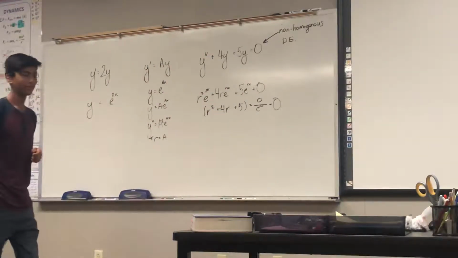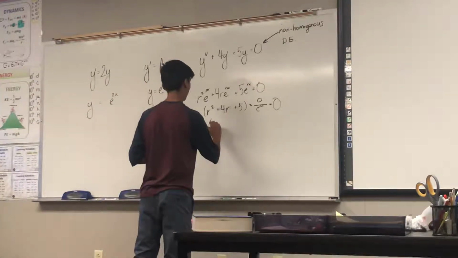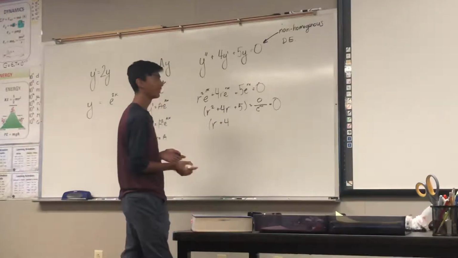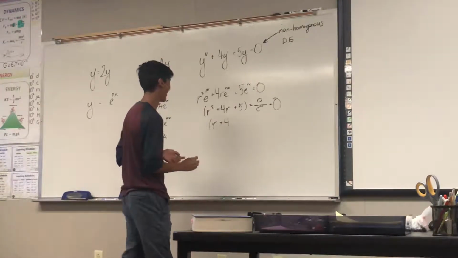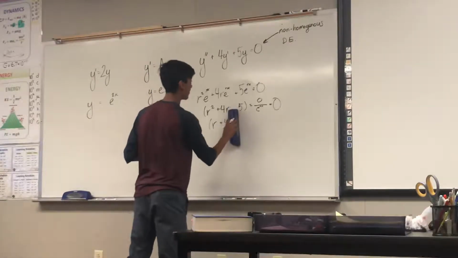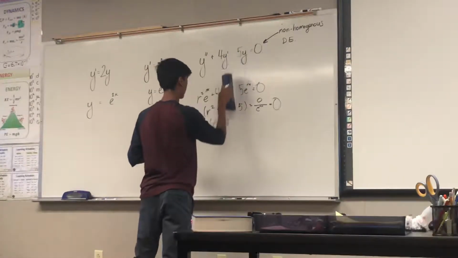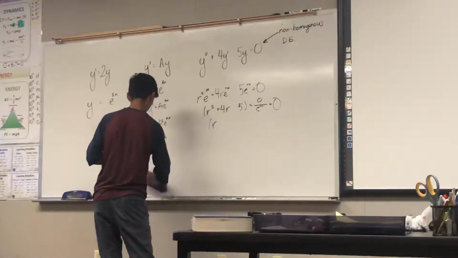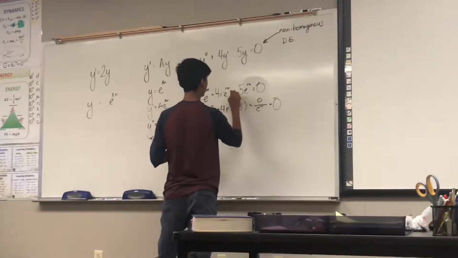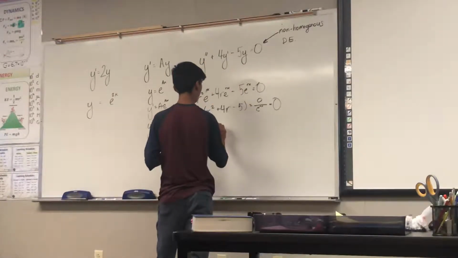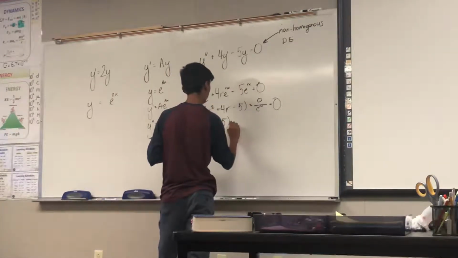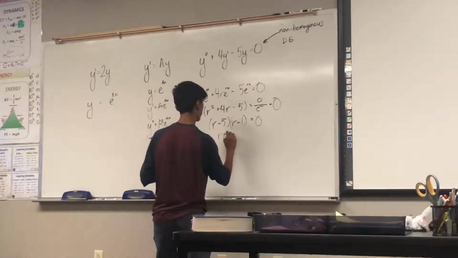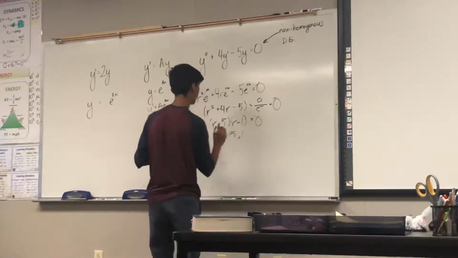So then that would factor as r plus 5 times r minus 1 equals 0. So you know that r equals -5 and 1.